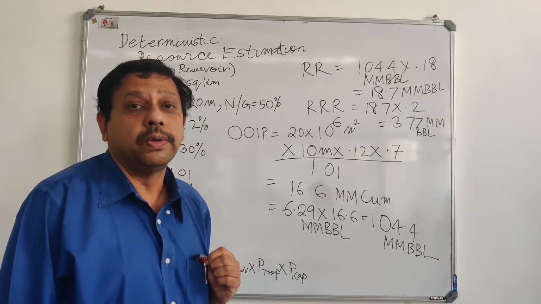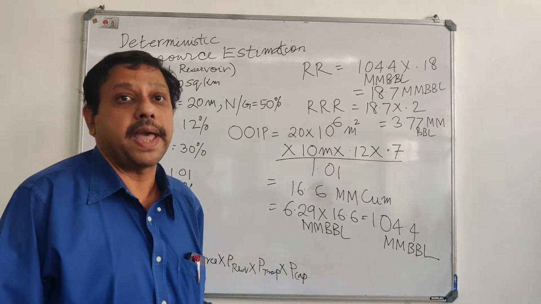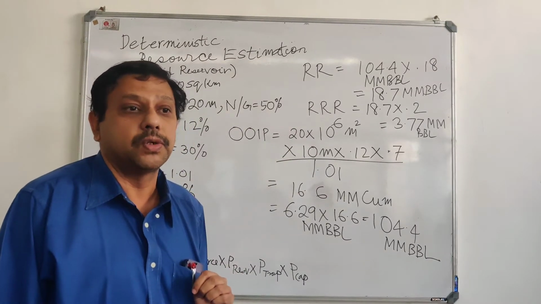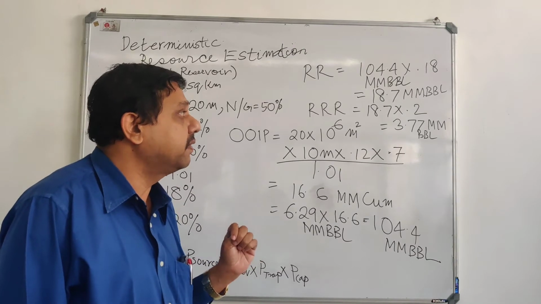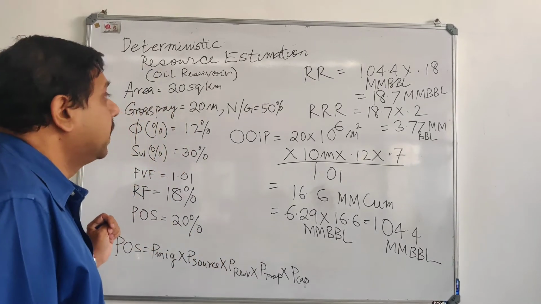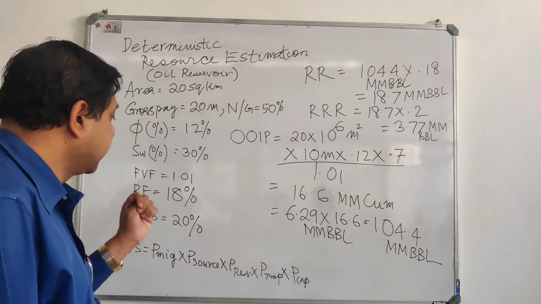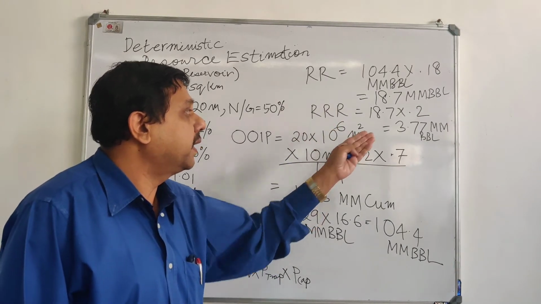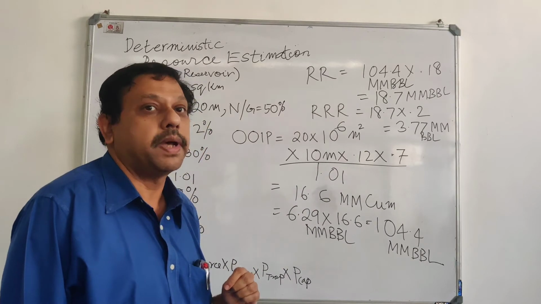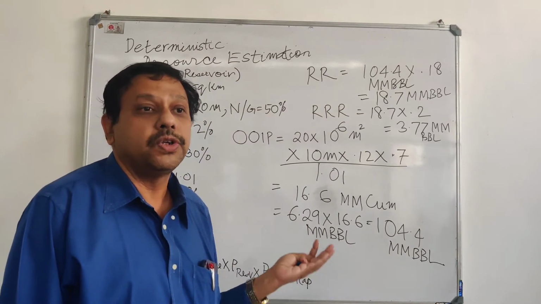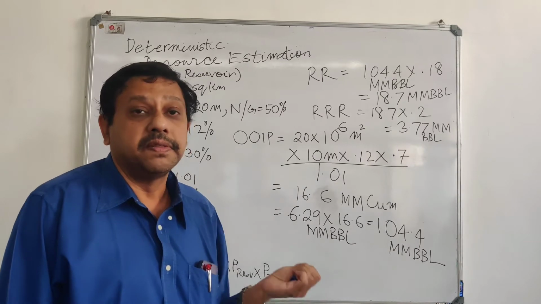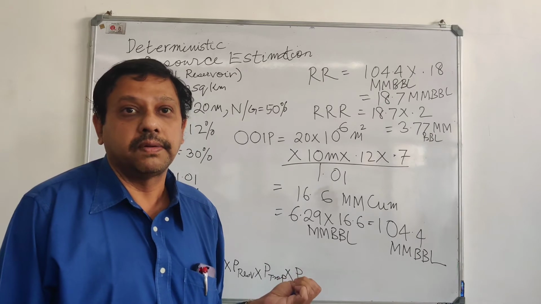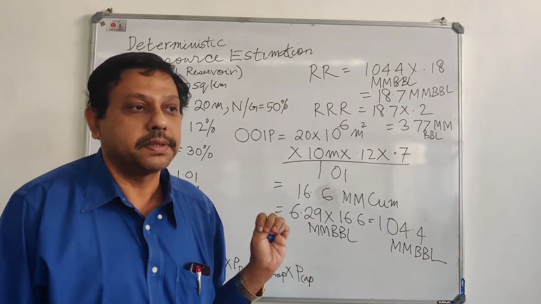And when you do it for the investors, for banking purposes, for IPOs, you also have to give the risked recovered resource, which is 18.7 into the POS. In this example, it is 20%, so I multiply it with 0.2 and I get a value of 3.77 million barrels. That is how you should calculate resource. This should be understood in detail and you cannot forget it throughout your lifetime. Thank you very much.